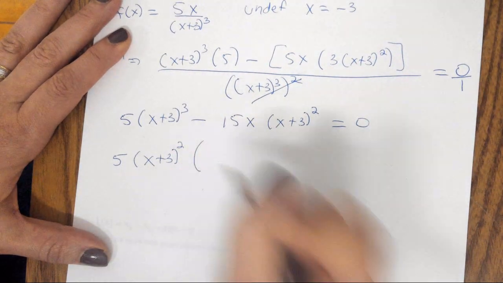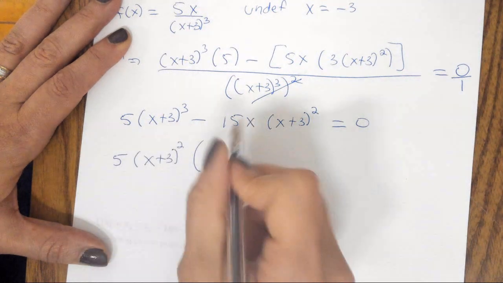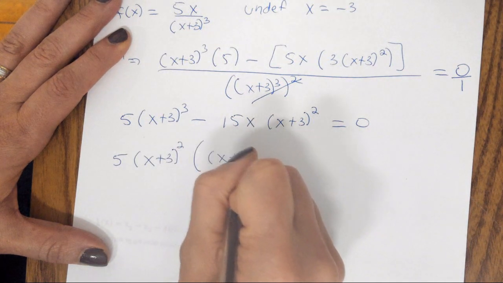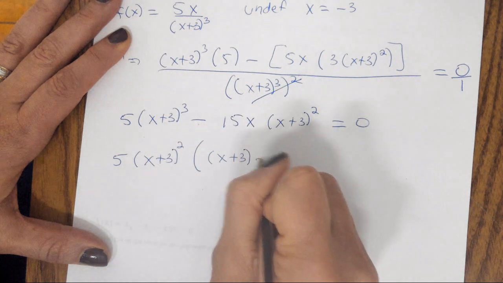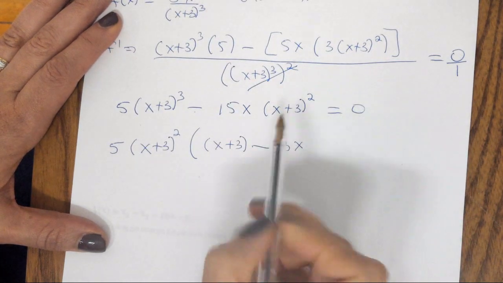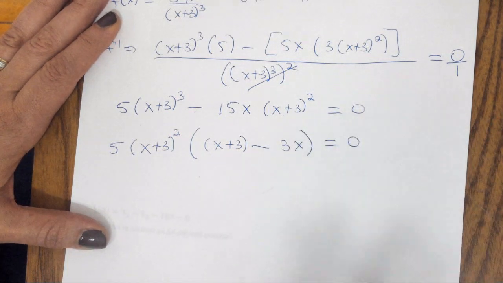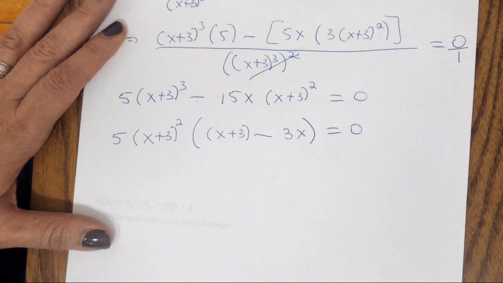And so what's left over? In this term, I took out the 5, I took out 2 of these, so I'm left with one of them, minus, here I took out 5, so I'm left with 3x, and I took this whole thing out, so this is it. I just made this a lot easier.